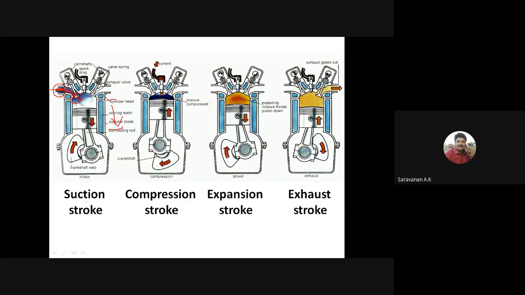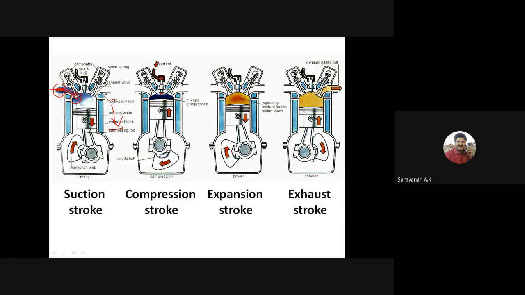So for the suction stroke, the piston moves from TDC to BDC, the inlet valve is in the open condition, and the exhaust valve is in the closed condition. Through the inlet manifold, the air-fuel mixture comes into the cylinder, right? For the piston movement from TDC to BDC, automatically the displacement volume will increase.